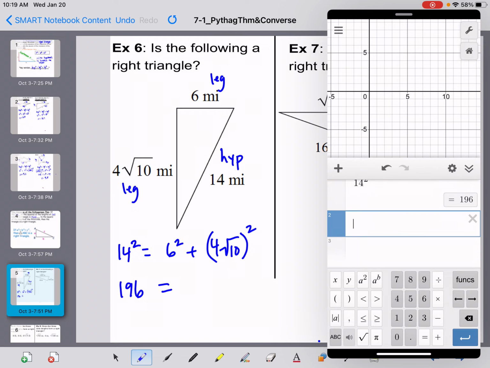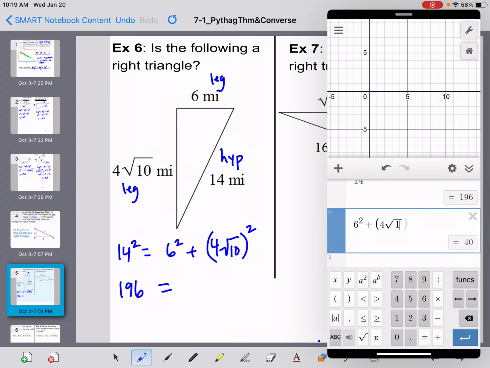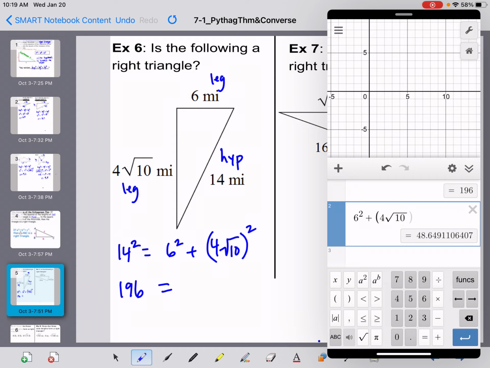And now I want to see if 6 squared plus 4 radical 10, put my parentheses, and I want to square that. That's 196. And since these two sides are equal to each other, then yes, this is a right triangle.